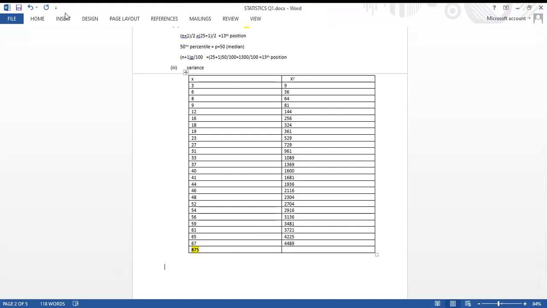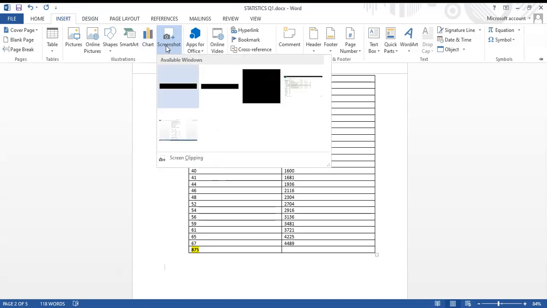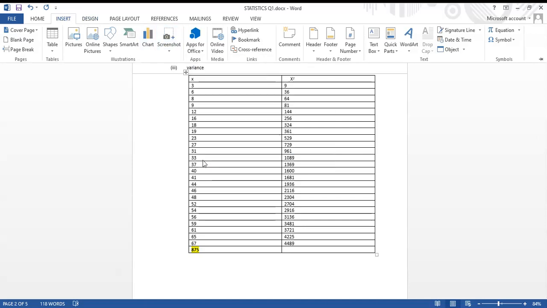Let me just get the formula. Let me screenshot the formula, then we can add up together.